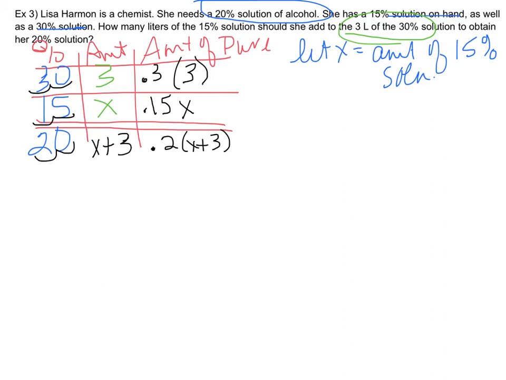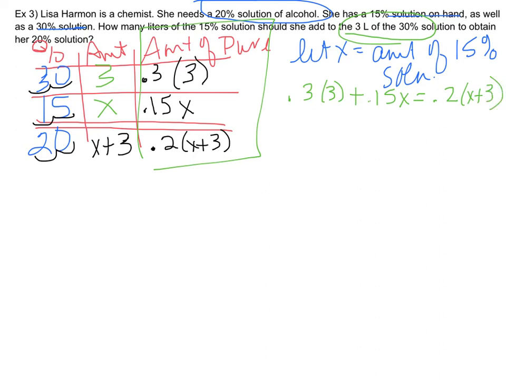Good. Now as soon as you know your amount of pure for everything, that is your equation. You have 0.3 times 3 plus 0.15x equals 0.2 times your x plus 3.